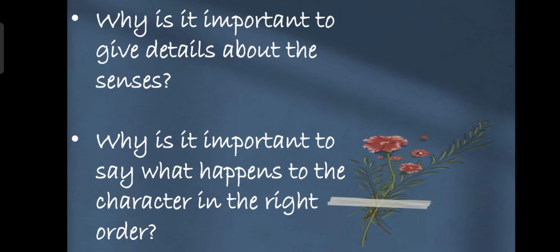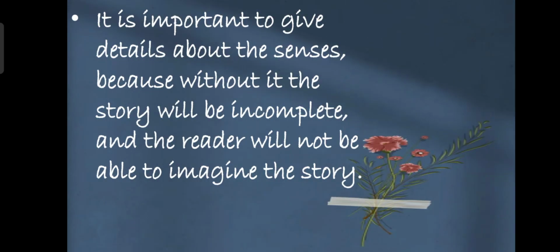Why is it important to give details about the senses? And why is it important to say what happens to the character in the right order? Why are both these things important? Let's see. It is important to give details about the senses because without them the story will be incomplete and the reader will not be able to imagine the story.